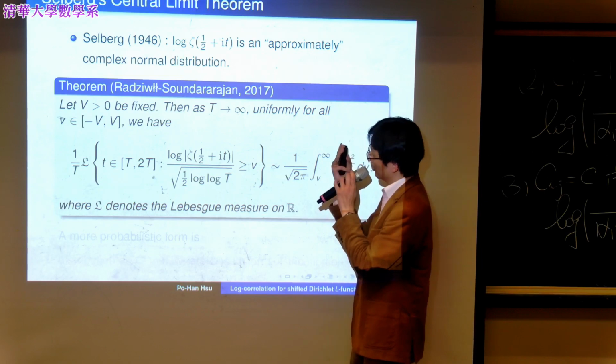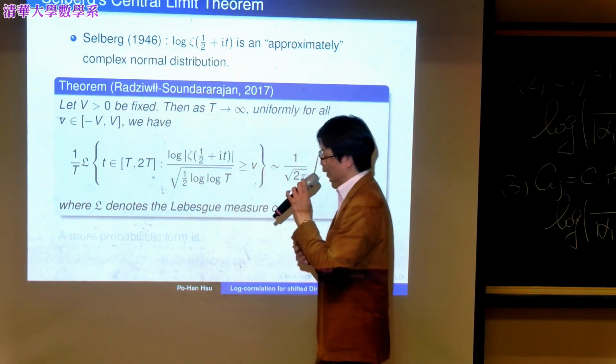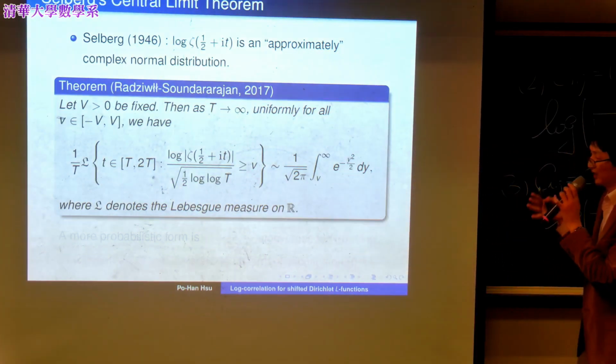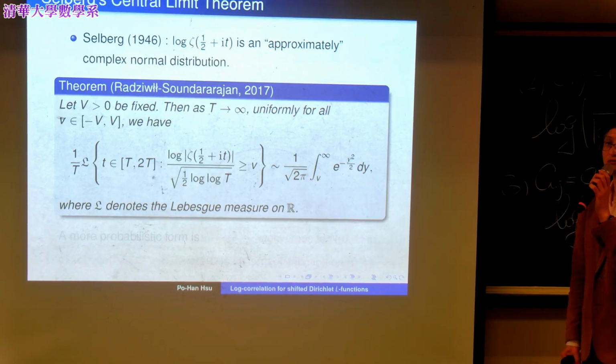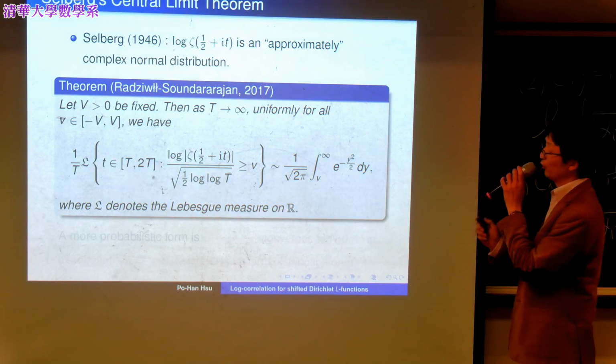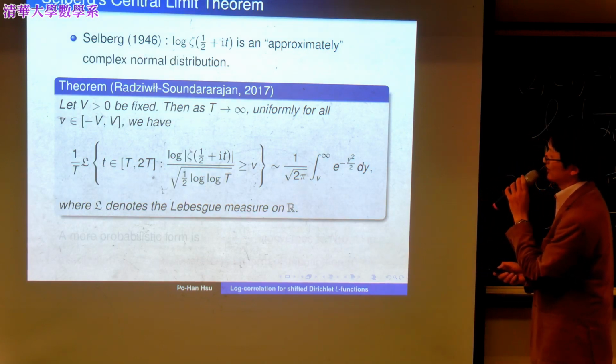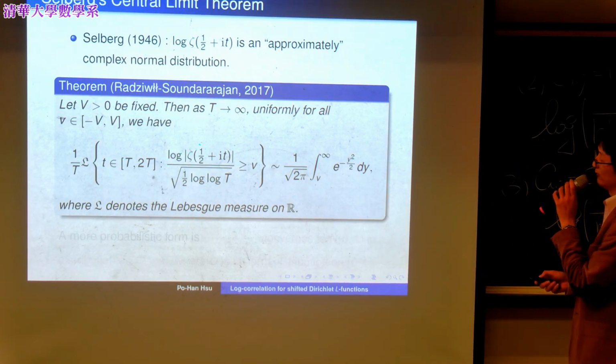If we consider it this way, then the whole probabilistic machinery can come in and gives us more information, we believe. For instance, if you want to study the maximum value of Riemann zeta, you can study it directly.